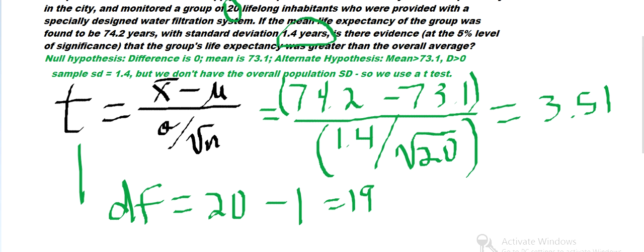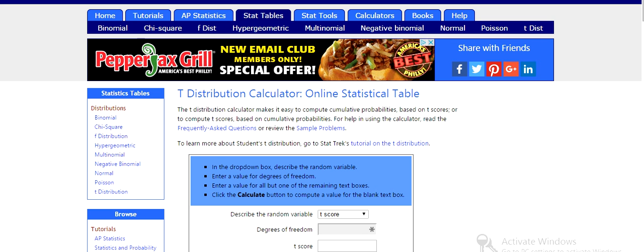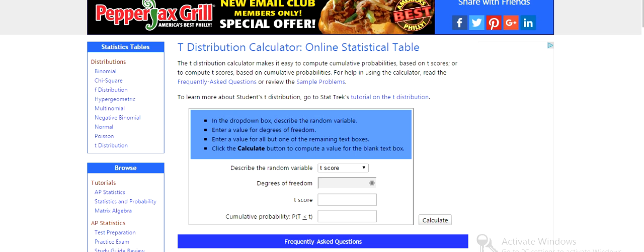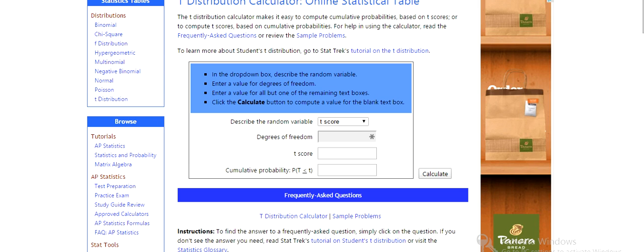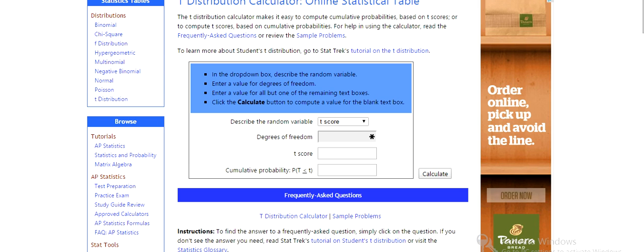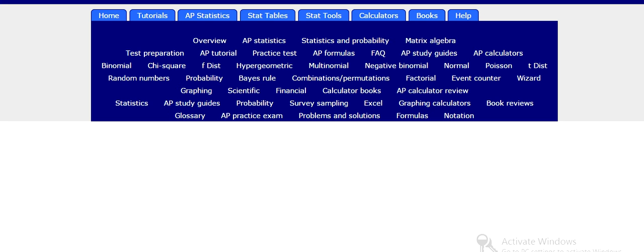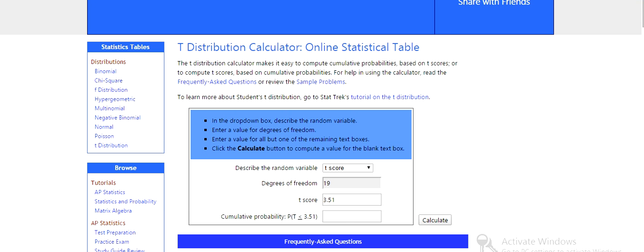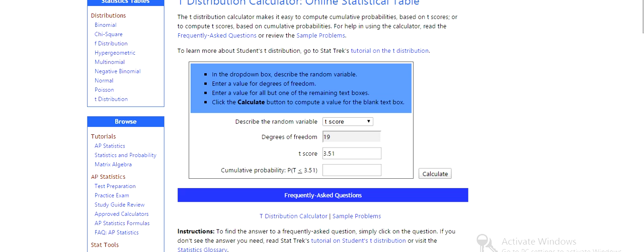And we can pop into StatTrek. You can Google t-distribution calculator at StatTrek. So we've got degrees of freedom is 19, t-score is 3.51, and it's going to calculate for us. It might take just a second.